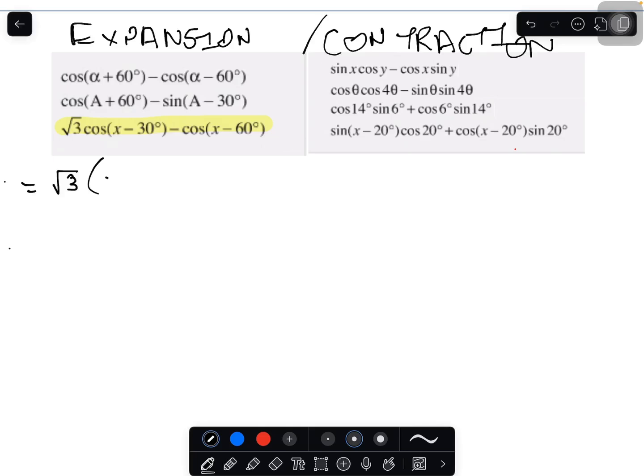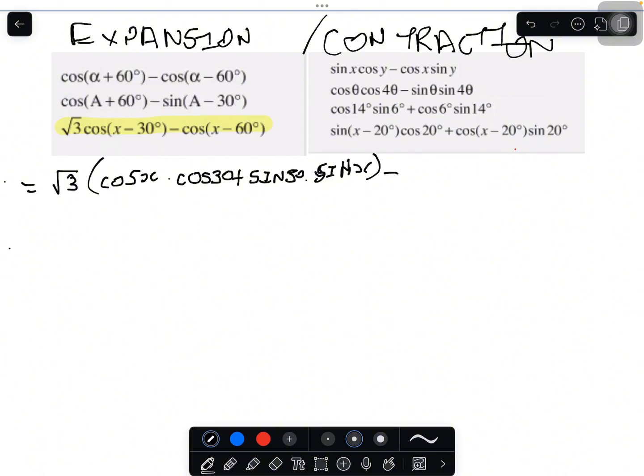And now I'm going to have cos x times cos 30 plus sine 30 times sine x.